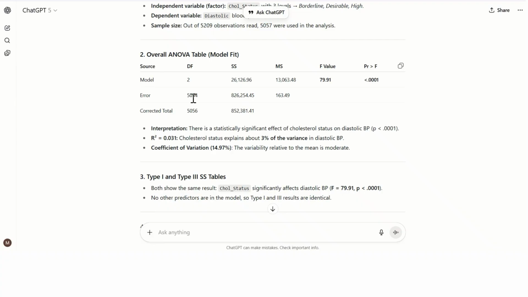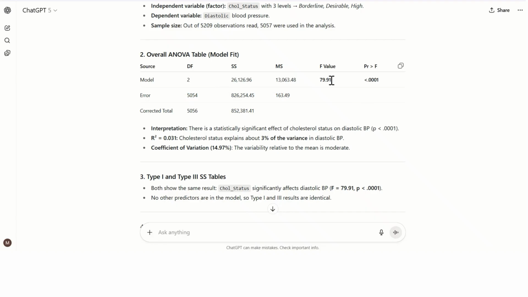So we have 5,054 degrees of freedom, and the total variance within groups was this value. And if we divide this value by this value, we get 163.